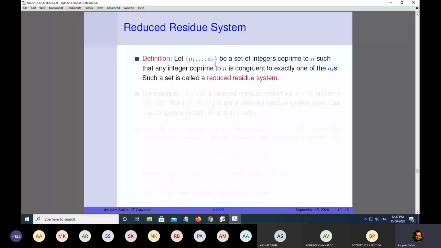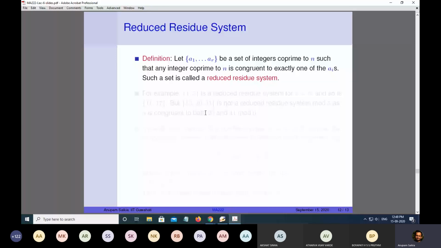Because if you take any integer n, there will be n distinct congruence classes, but some of the residues will not be co-prime to n. So you omit those, but take all others. Then it will be the reduced residue system.